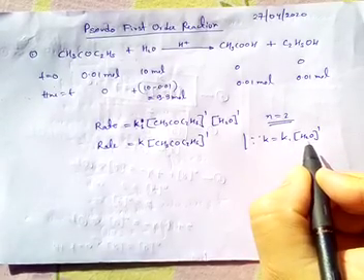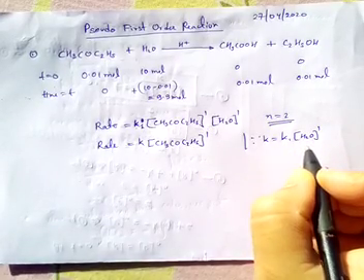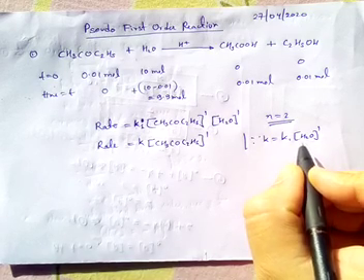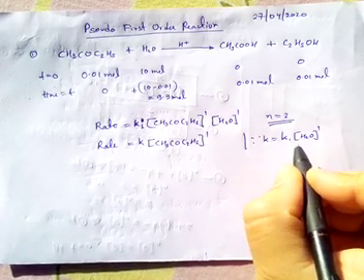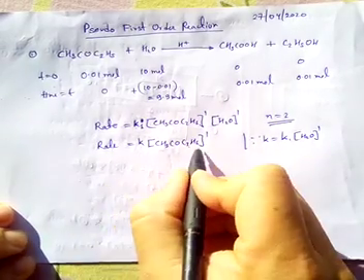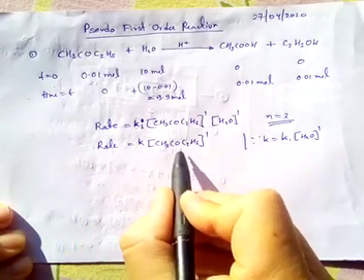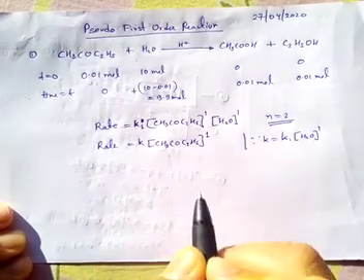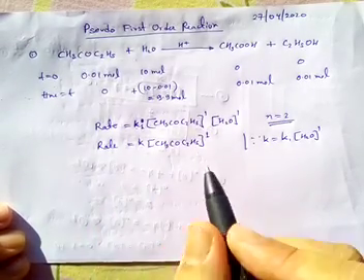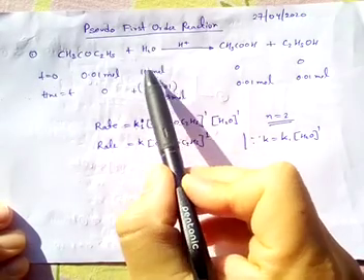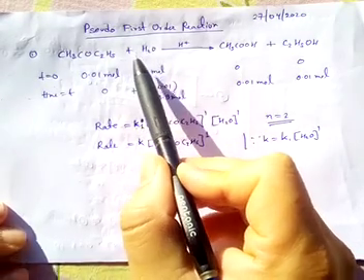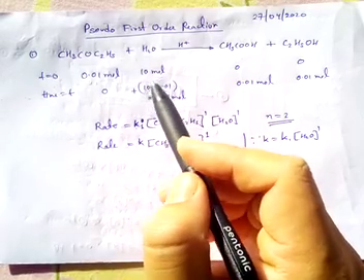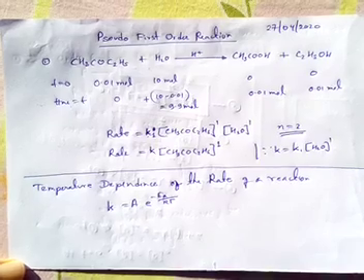Why? Its concentration doesn't change because it's present in a very large amount, so a little bit of change practically makes no difference. So look at this equation now. It is a first order reaction because the total power is 1. So when one of the reactants is present in a very large amount, even if it is a second order reaction, it exactly follows first order kinetics.